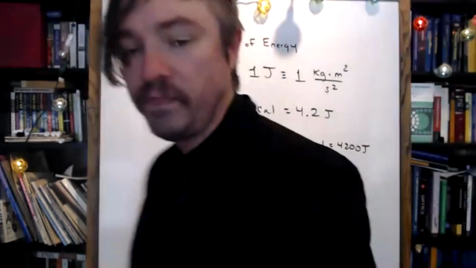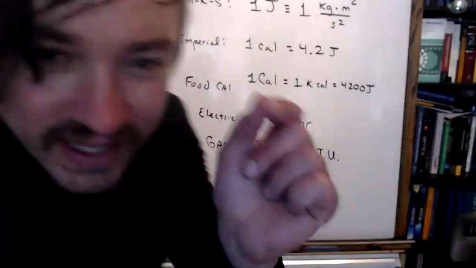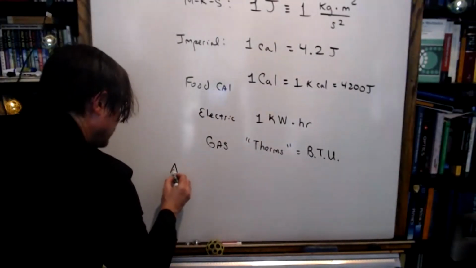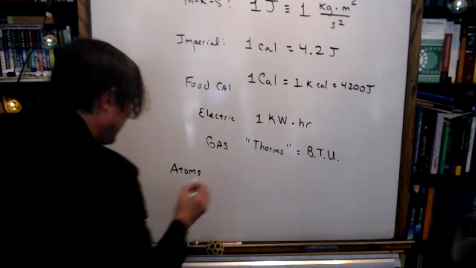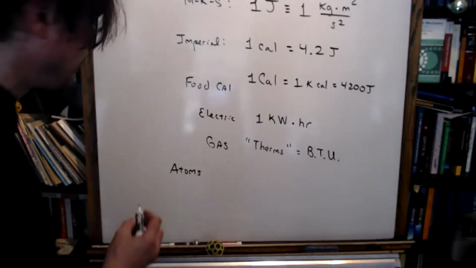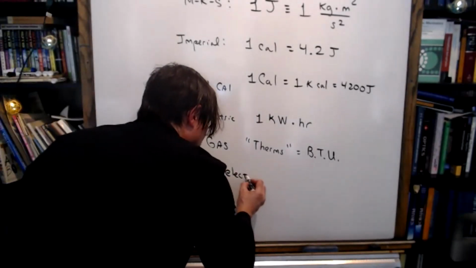Today, I'm going to be teaching you about another unit of energy, a really tiny microscopic unit of energy that's used when we discuss the world of atoms and small particles of light. That's called the electron volt.